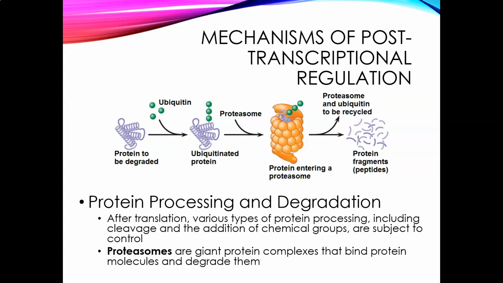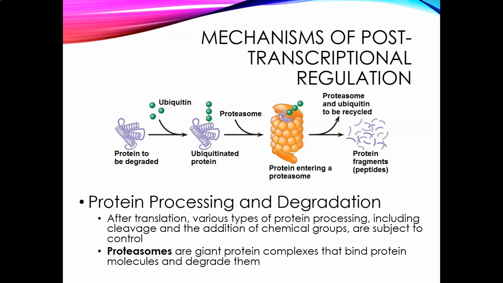All right, so finally, we can also regulate gene expression even after the protein is produced. So when we look at proteins that get produced from translation, as soon as they fall off of that ribosome, some of them are just active and they can go do what they need to do, but a lot of them often end up needing some additional processing.